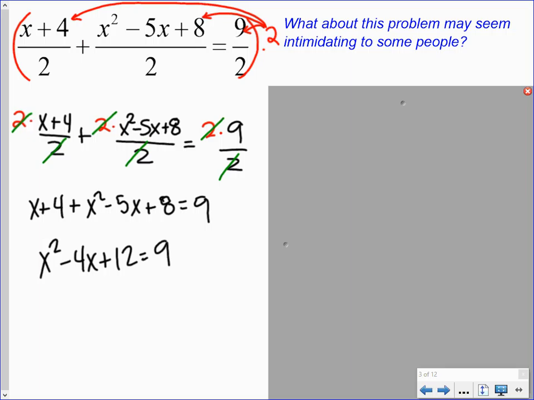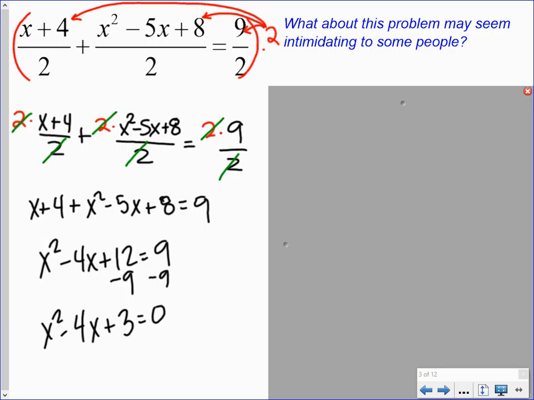I want to try to factor because it's x squared and x, but before I do that, I have to make sure one side is equal to 0. So I'm going to subtract 9 from both sides. That gives me x squared minus 4x plus 3 equals 0. And then I think, do I have factors of positive 3 that can add to make negative 4?